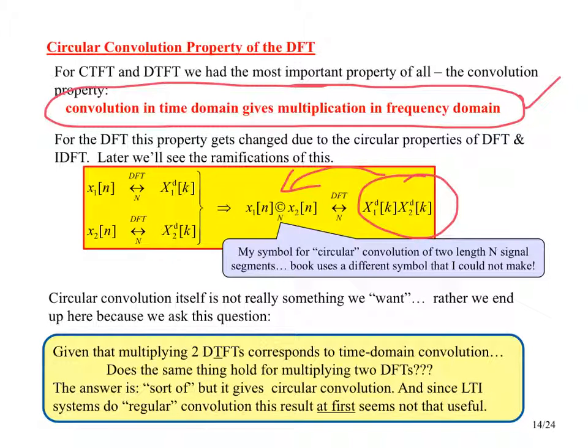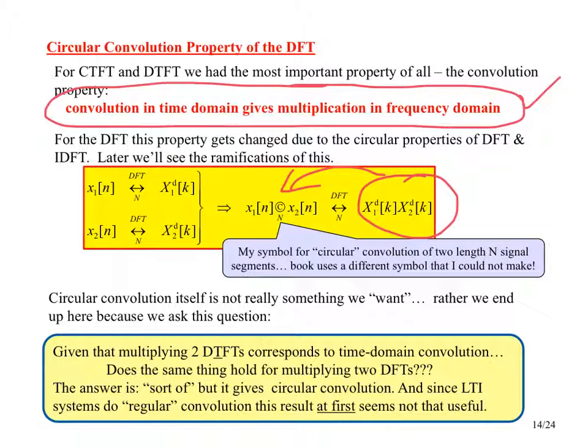So basically we're answering the question, if we multiply two DFTs together, take the inverse DFT, we're showing that the result is really not what we would perhaps expect, regular convolution between those two signals. And we'll see later that we'll be able to modify this, or trick it up, so that we can make it do what we want.